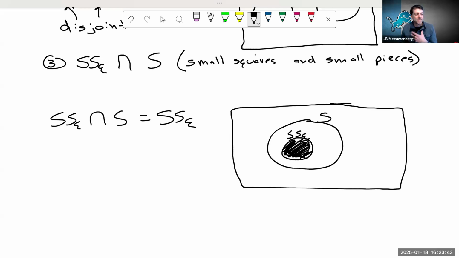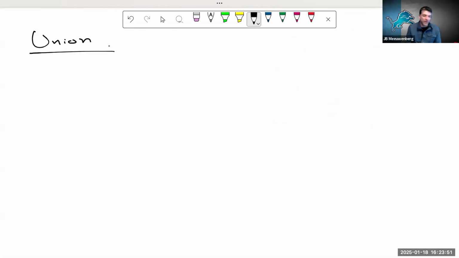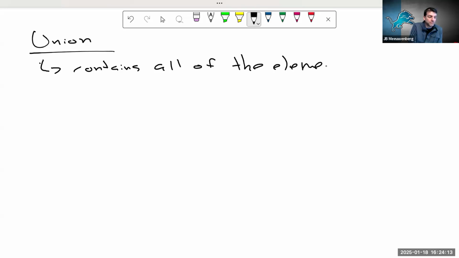All right, so that's this idea of intersections. Do you remember the name of the other type of operation that we do? It was called a union. So we're going to go back to those same previous examples in a way, but now we're going to look at it in terms of what we call a union. A union of two sets contains all of the elements of both sets.